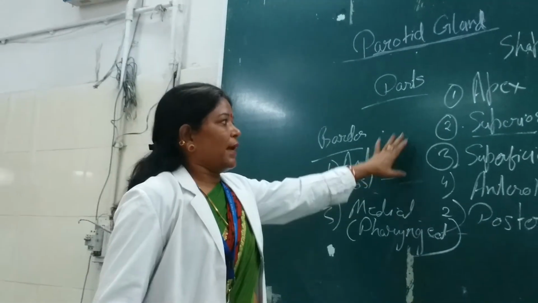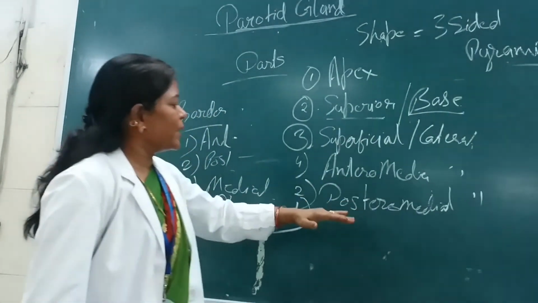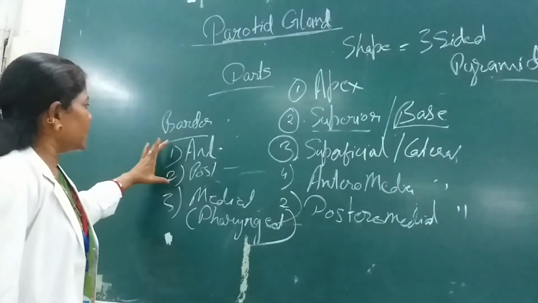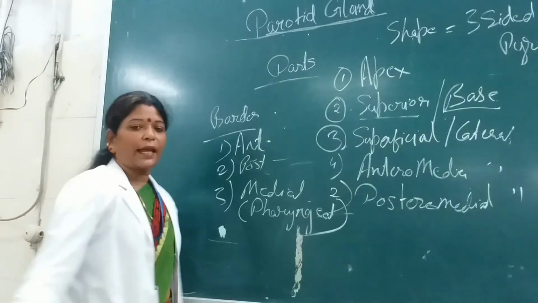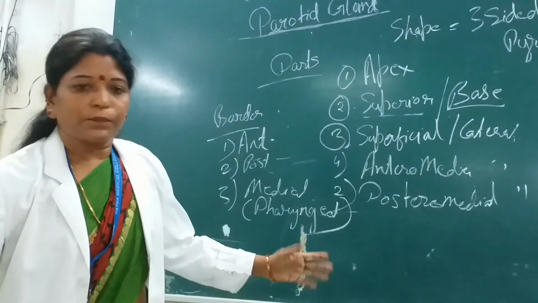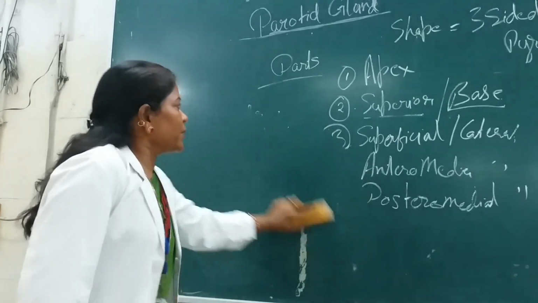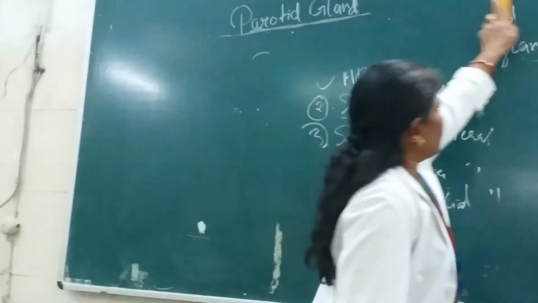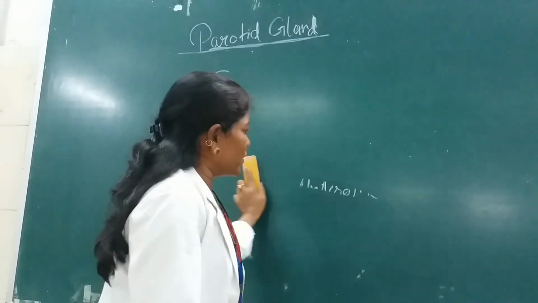Okay? So these are the parts: apex, base, superficial, anteromedial, posteromedial, and the borders: anterior, posterior, and the medial or pharyngeal border. So these were the parts of the parotid gland, that we know what the surfaces and borders are.